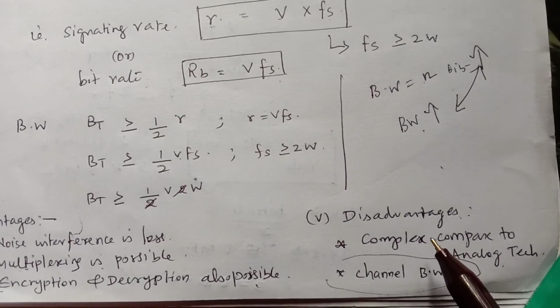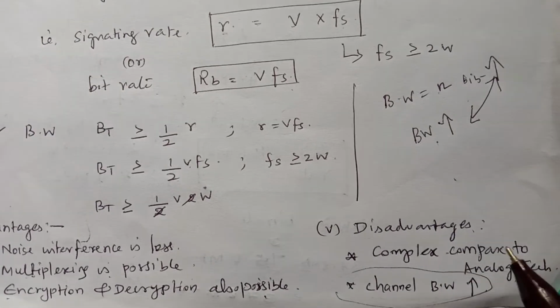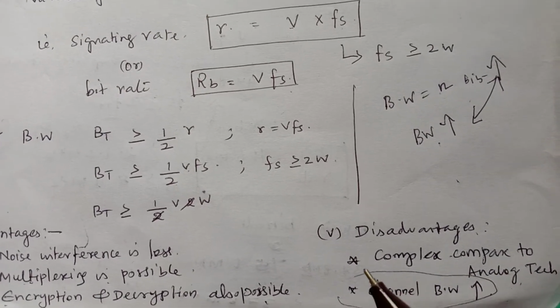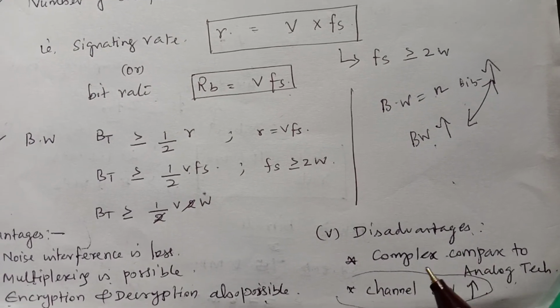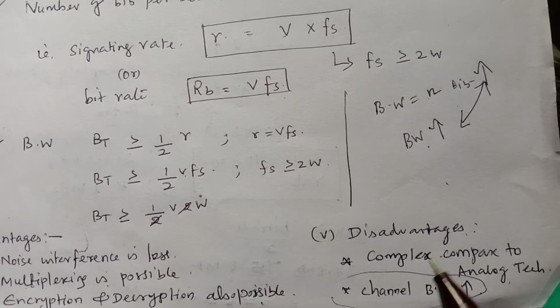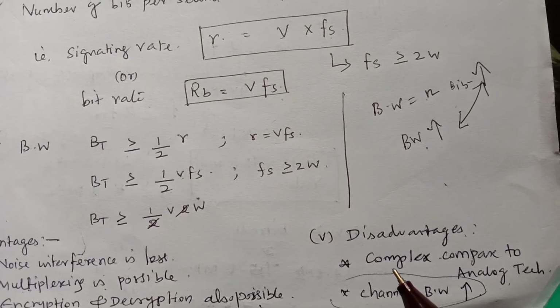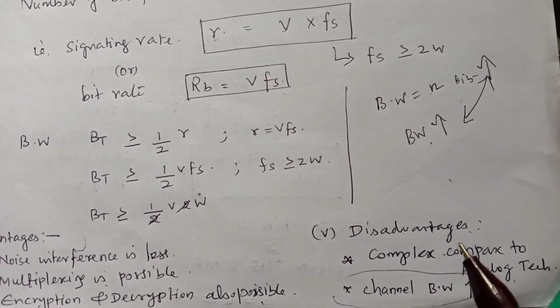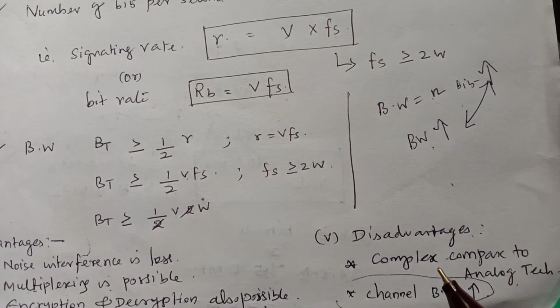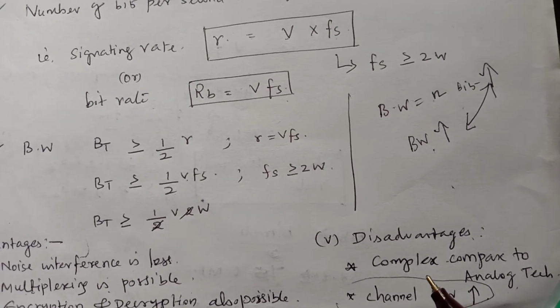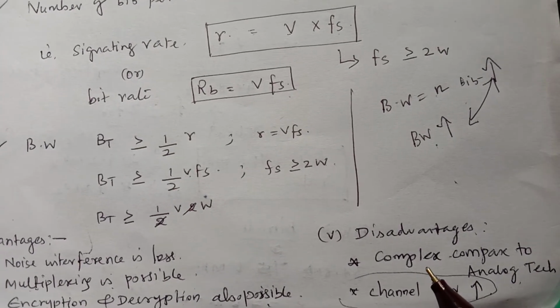The main disadvantage is that it is complex when compared to the analog technique. It is a little more complex, because so many steps are followed to convert the analog signal into a digital signal: a low pass filter is used, a sampling circuit is used, a quantization circuit is used, and an encoder circuit is used to convert the analog signal into digital.